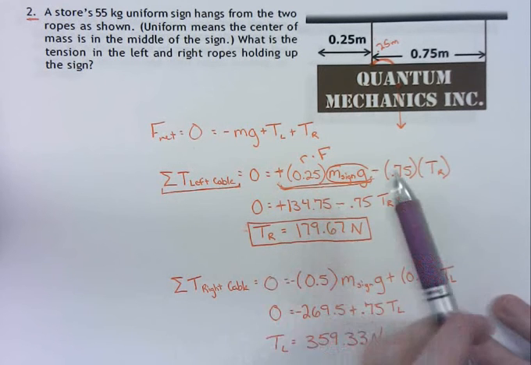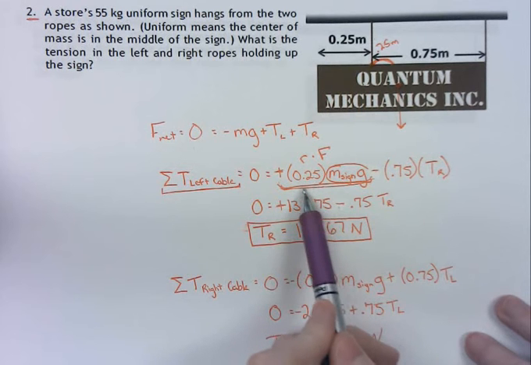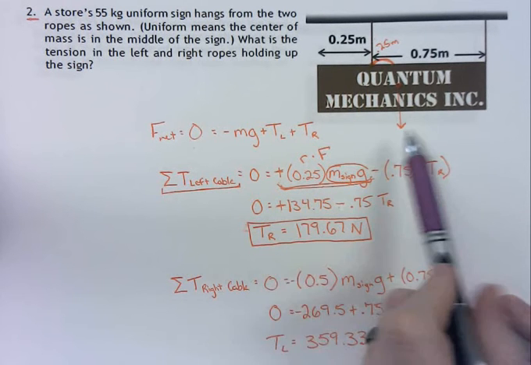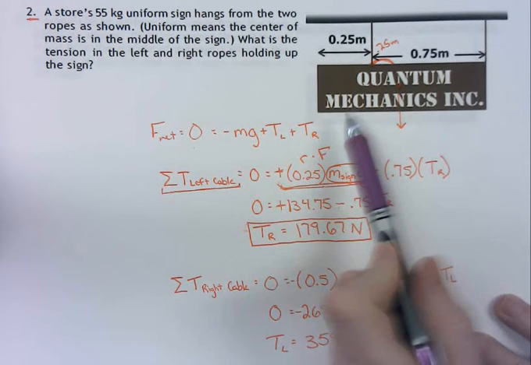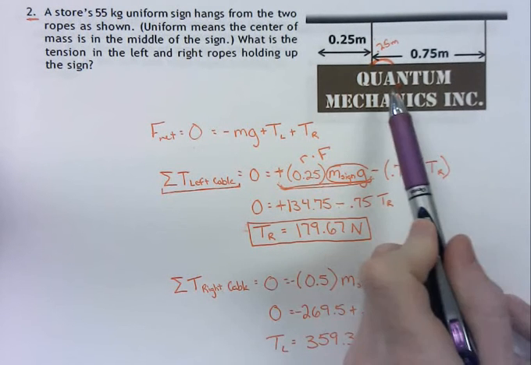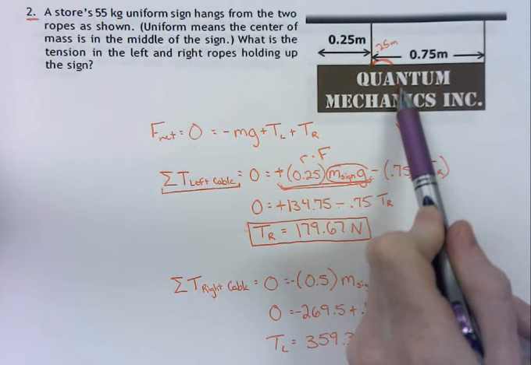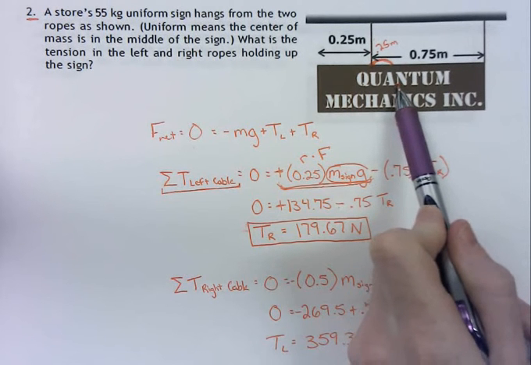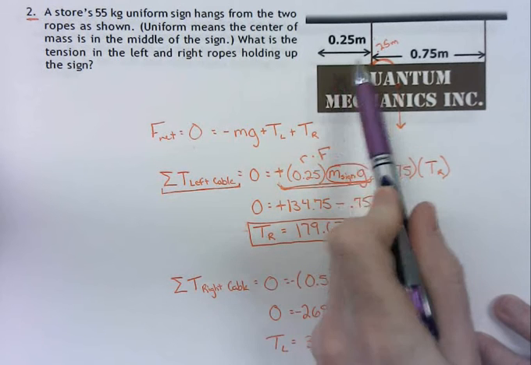So we first look at the torque acting on, once again, the leftmost cable. Well, the center of mass, this is a 1 meter sign, and the center of mass is going to be at a distance of 0.5 meters from each edge. So we have 0.25 meters here.